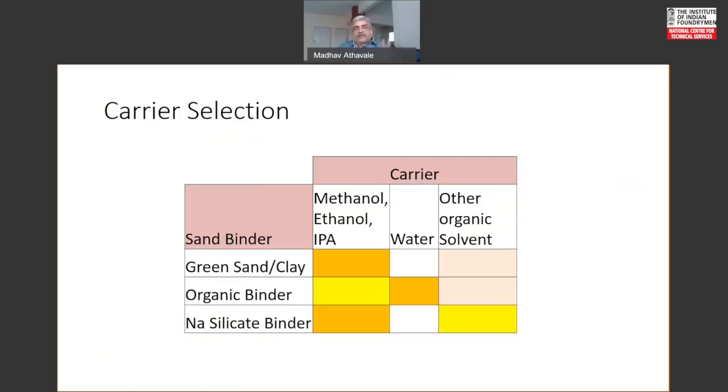Why water for organic binders? Because the binder is affected by alcohols. For sodium silicate binder, as all of you are familiar, sodium silicate readily dissolves in water. So people prefer to use solvent-based coatings for that. That is either methanol, ethanol, IPA. We saw details of their properties last time.